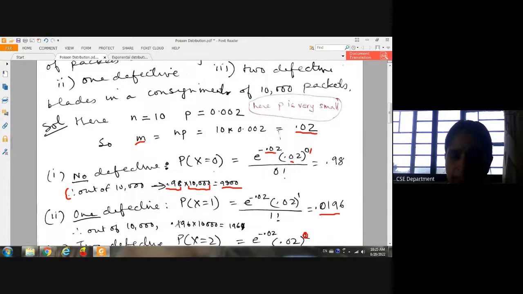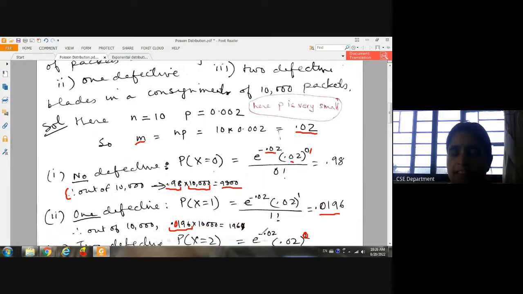Okay, one defective blade, you found the chance that the packet has exactly one defective blade is 0.0196. Now, out of 10,000 packets, how many will have one defective? Whatever the probability is, multiply 0.0196 into 10,000.